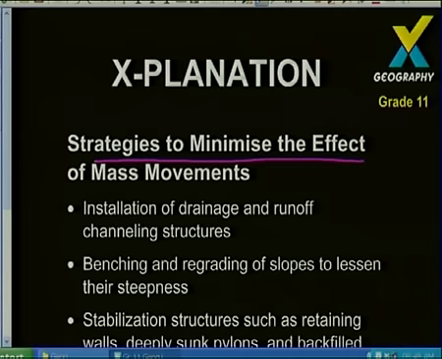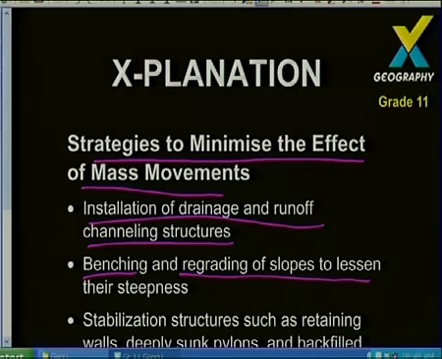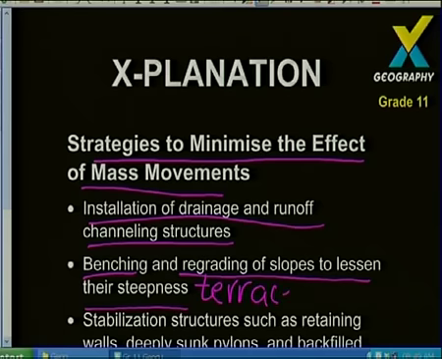And remember, dependent on the angle of slopes, the construction will be limited to specific types of buildings. Continuing with strategies to minimize the effects of mass movements, we look at the following. Again, installation of drainage and runoff channeling structures. Key to any removal of moisture is construction of drainage. Benching and regrading of slopes to lessen their steepness. The key aspect here, which I'd like you to remember, is the terracing of slopes.